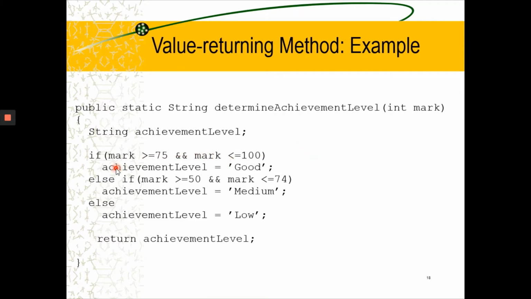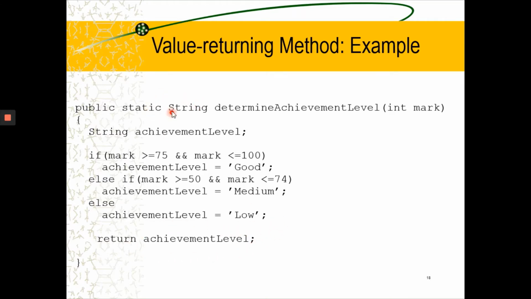Here we have if mark is more than or equal to 75 and less than or equal to 100, the achievement level is good. Otherwise, if the mark is more than or equal to 50 and less than or equal to 74, achievement level is medium. Otherwise, it is low. So we are going to determine the achievement level based on the marks that we receive here. After that, we are going to return the achievement level.